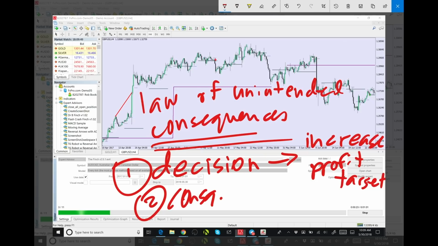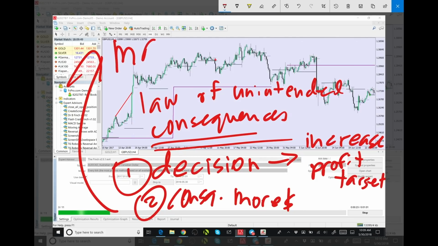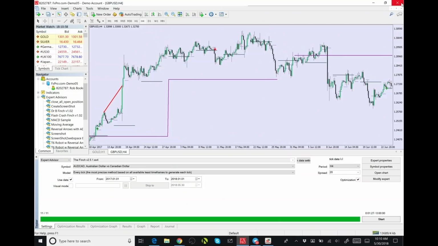That consequence might be more profit, but it also might be a major drawdown percentage increase. It's kind of an unintended consequence. So there's this balancing act that goes on between profit and loss and breaking even and everything else. We're constantly struggling to find the right balance.